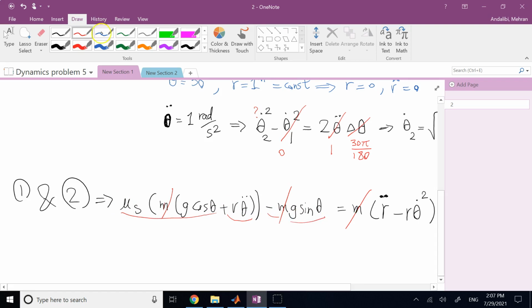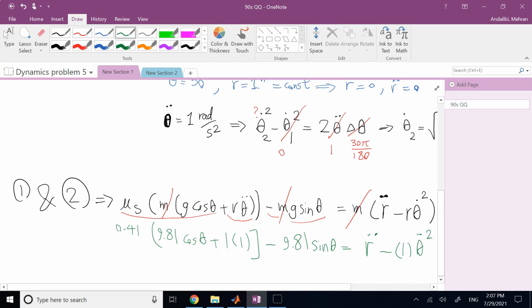Looking at their magnitudes in this problem, mu s is 0.41, g is 9.81, cosine theta we keep as is, plus r is 1, theta double dot is 1, correct? And then minus g times sine theta equals r double dot minus r, which is 1, times theta dot squared, right?